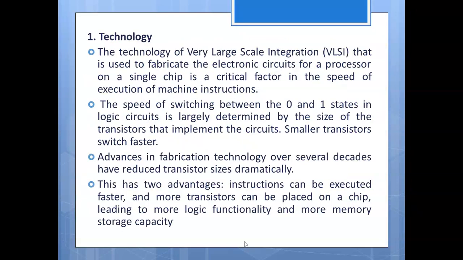So the first one is technology. Due to the advancement in VLSI technology, very large scale integration, the fabrication of the processor on a single chip has been done. Due to the advancements in fabrication technology, the size of a transistor has been drastically reduced.